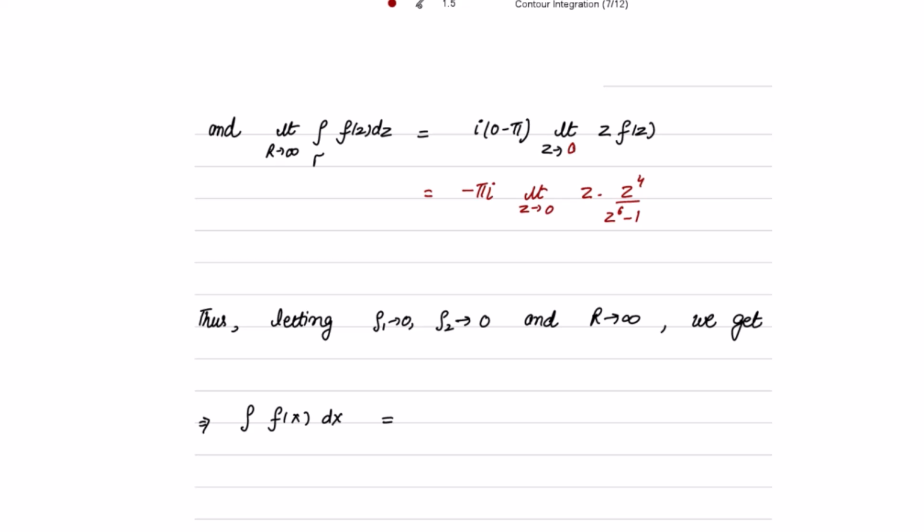Sorry, this is z tending to infinity. I'm so sorry, z is tending to infinity. So this is z to the power 5, and in the denominator I'm having the higher power. So of course, z is tending to infinity, this will come out to be 0. If you take z to the power 5 common, you get 1 over z minus 1 over z to the power 5.